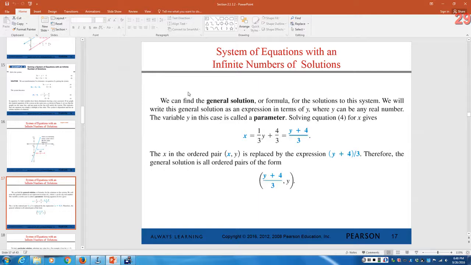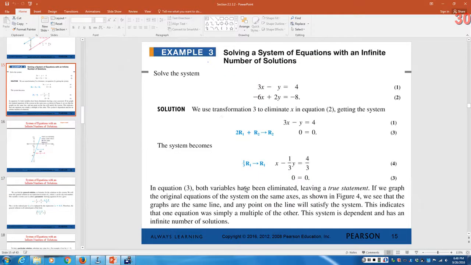Let me show you how to do that, going back to this problem for a second. You can do it this way, although there's more ways to do it than that. If you want to solve one of the equations for one of the variables, it doesn't really matter which one. They chose to solve theirs, I think for x, but what I'm going to do is go back and get 3x minus y equals 4.